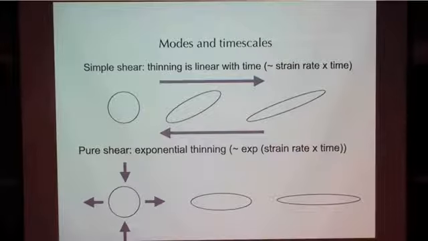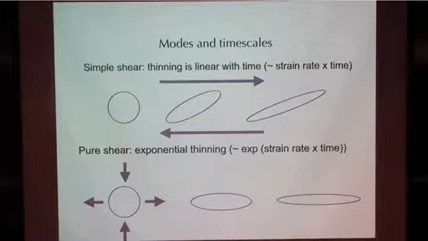Okay? So one thing to note about this, and I'm not going to go through all the mathematics of it, but I just want to point this out, is that these are concepts borrowed from structural geology. So in a simple shear situation, which is essentially what he was showing you, where we have a box or a tank of fluid and we're shearing one end one way and the other end the other way, our blob of dye is going to be stretched and rotated.